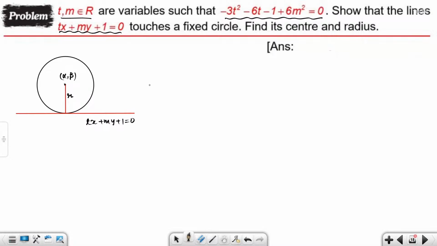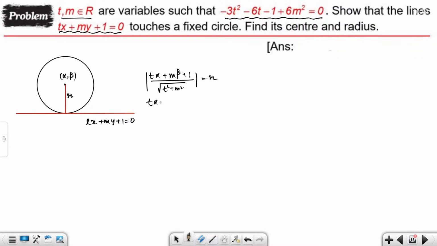Clear? Now, the same funda I am using here. (t alpha + m beta + 1) divided by root over of t square plus m square. This is the perpendicular distance from the center of the circle on the tangent, which is nothing but your radius r.